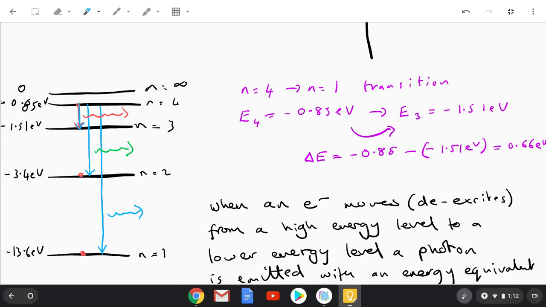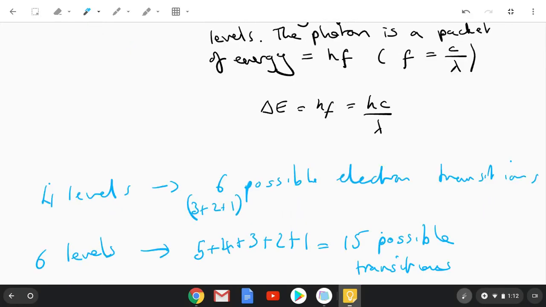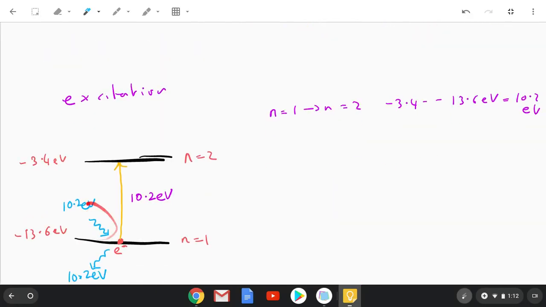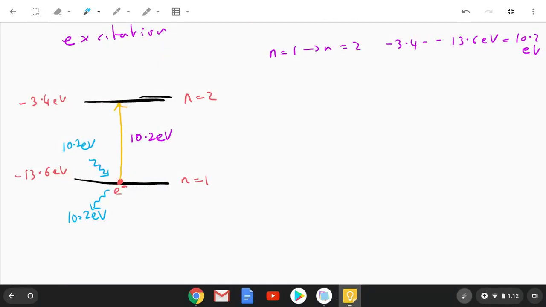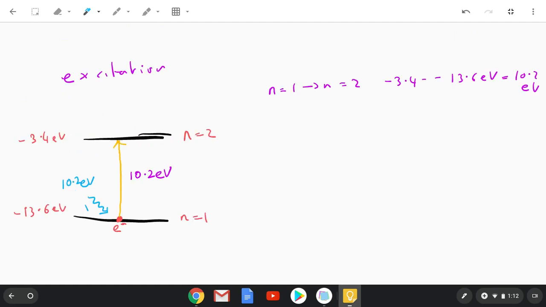Okay? So when it comes to photons incoming, they must have the exact amount of energy. So the electron absorbs a photon and the electron excites to a higher energy level. Okay?